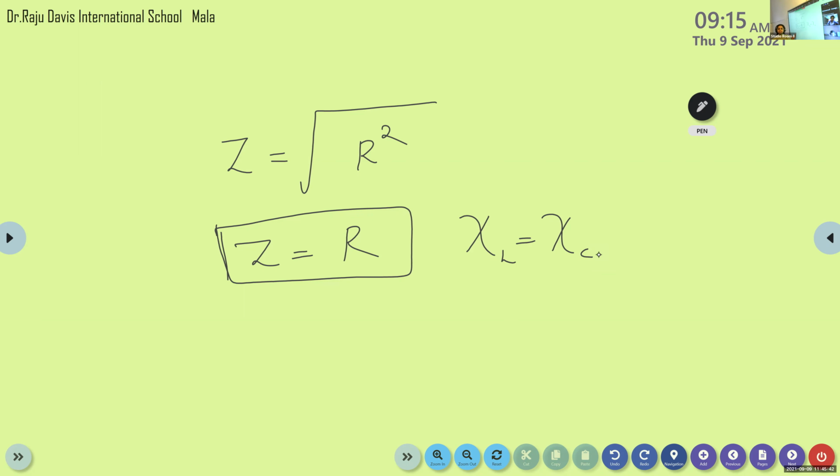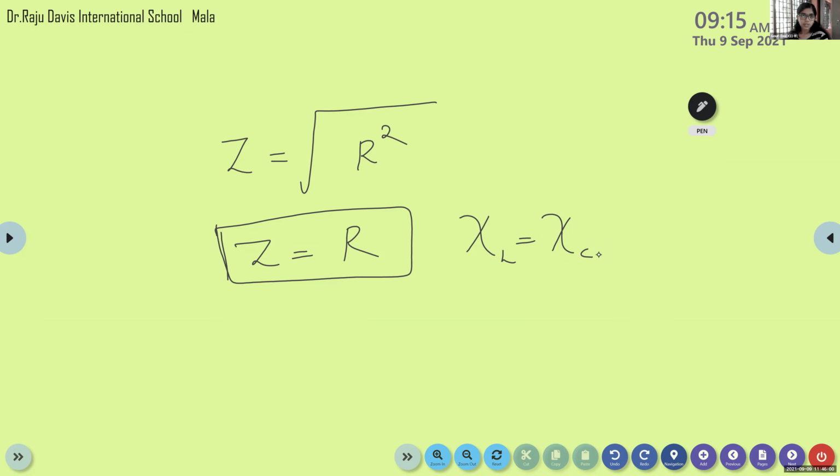Under resonance condition, the circuit purely behaves like a resistive circuit. So what about the nature of current and EMF developed in the LCR circuit?